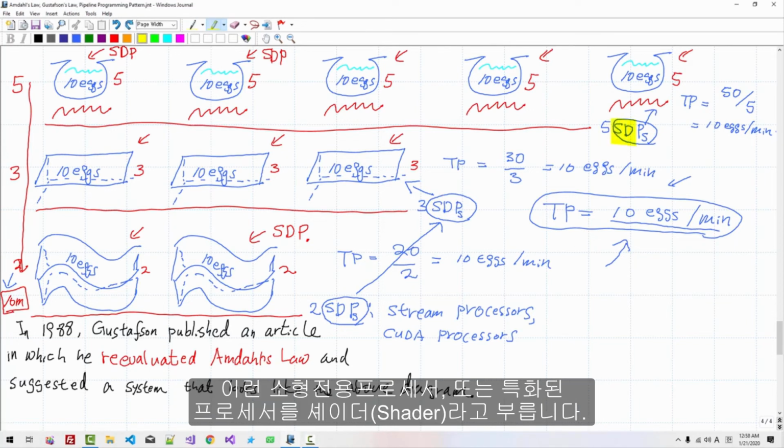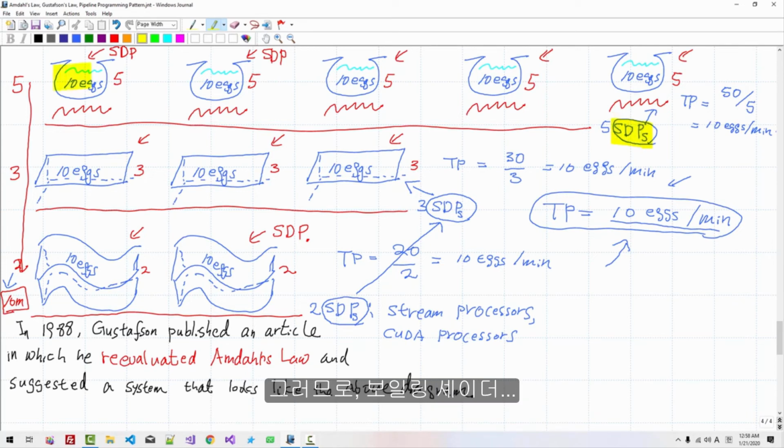These small dedicated processors or specialized processors are called shaders. So, boiling shaders, five of them. This is the drying shader, drying shader, drying shader, granulation shader, granulation shader.